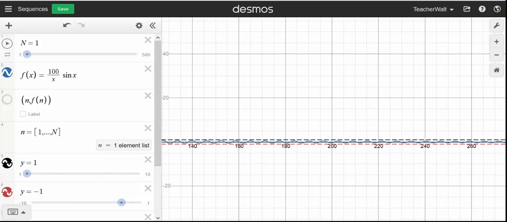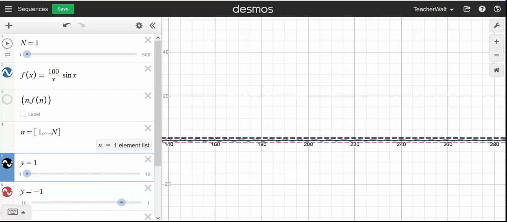You can see over here, we've gone out far enough when I chose epsilon to be 1. I could choose epsilon to be 0.00001. If for every epsilon we choose, no matter how tiny, we can find a value way out on the x-axis so that past that x value all the function values are contained within those two horizontal lines, then the limit is 0.